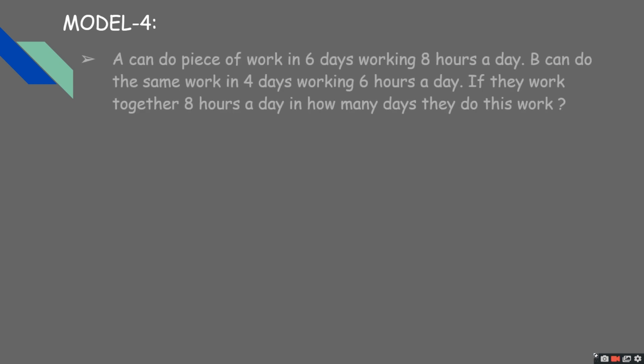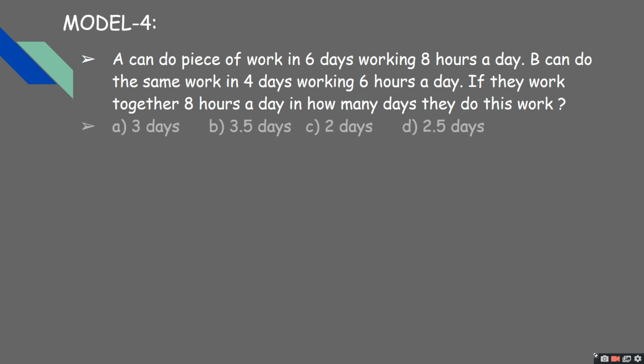Now, we will discuss some other models in time and work. A can do a piece of work in 6 days, working 8 hours a day. B can do the same work in 4 days, working 6 hours a day. If they work together 8 hours a day, in how many days will they do this work? In this question, the time is given in hours and days.